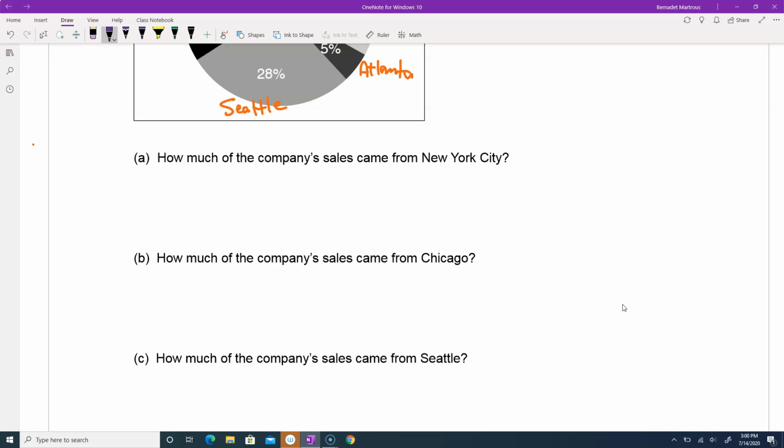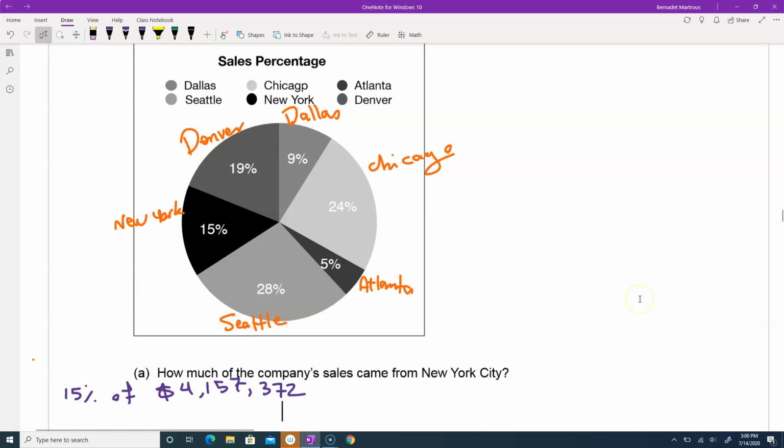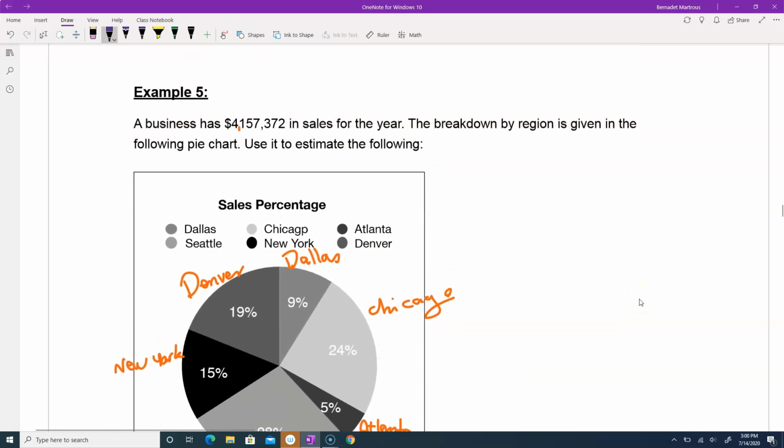So here is 15% of sales, which is $4,157,372, and we have to estimate for all of these.